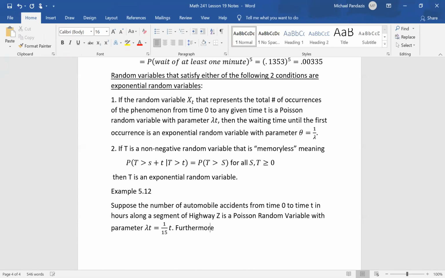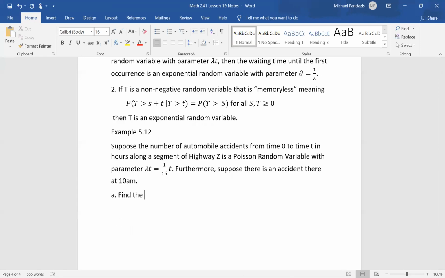Furthermore, suppose there is an accident there at 10 a.m.